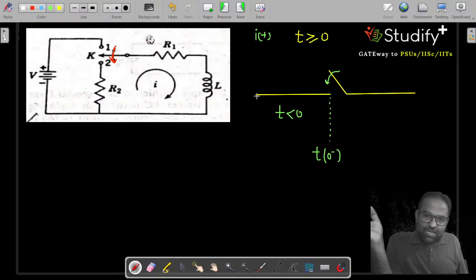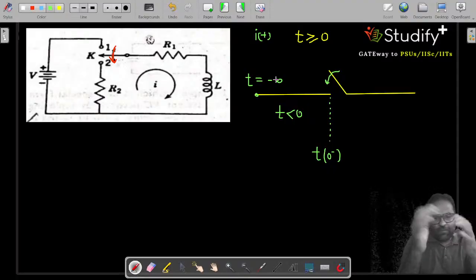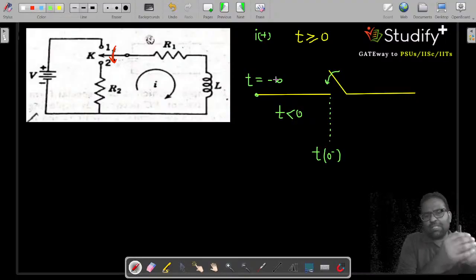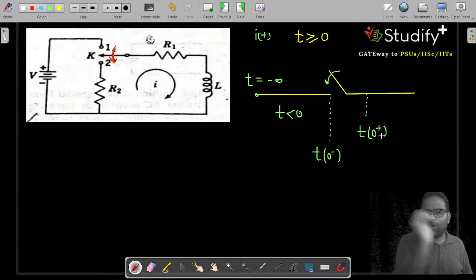If the circuit has started from t equal to minus infinity, it has achieved a steady state at t0 minus. I will copy this point to t0 plus, which is useful for calculating the initial condition. This copy I have to do.